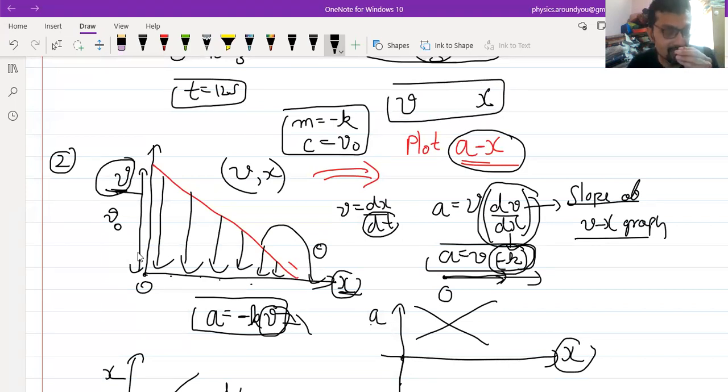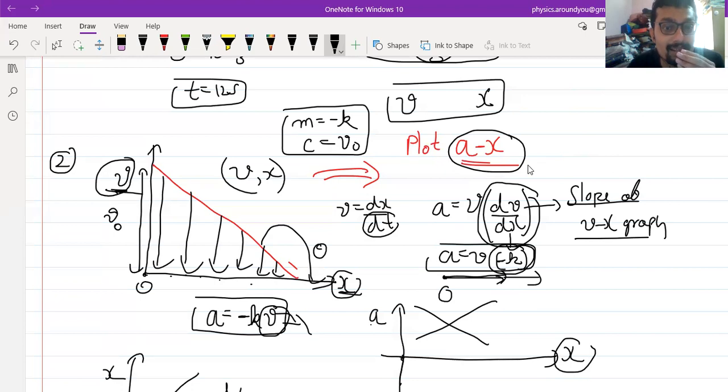From these two, can you build a condition of V and x together? V is on the y-axis, x, the position, on the x-axis. With these two, can you write an equation? y is equal to mx plus c. That is your basis. From there, can you construct an equation between V and x? So V is equal to minus kx plus V naught. Correct.